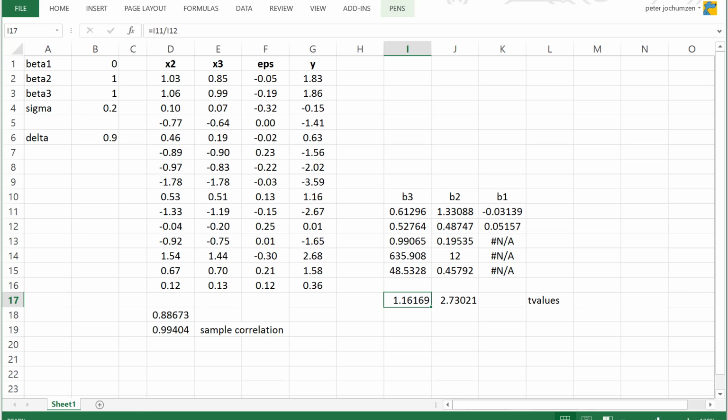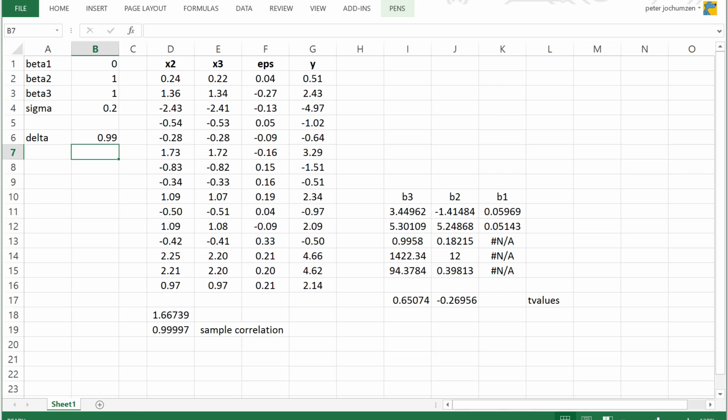This t-value is not significant. So we're making life very hard for OLS right now. And let's do this in the extreme, 0.99. Now there is enormous multicollinearity, and you can see what happens to the standard errors.